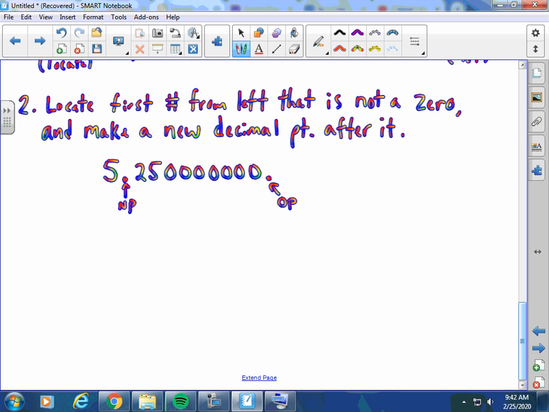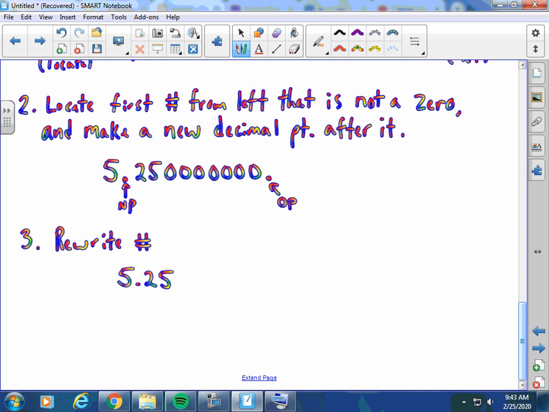Step 3, we can rewrite that number now. It doesn't make sense, if I'm trying to make this easier to understand and easier to write for that matter, to still write all those zeros. So I'm going to use this new decimal point. I'm just going to write 5.25.